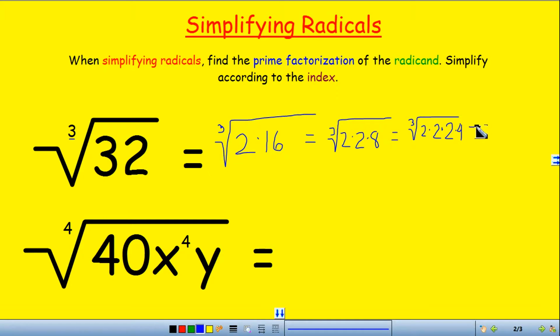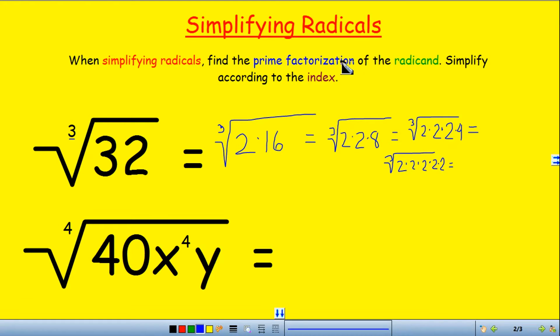Now, 4 can be simplified a little bit more, so we have the cube root of 2 times 2 times 2 times, and then 4 can be broken into 2 times 2.